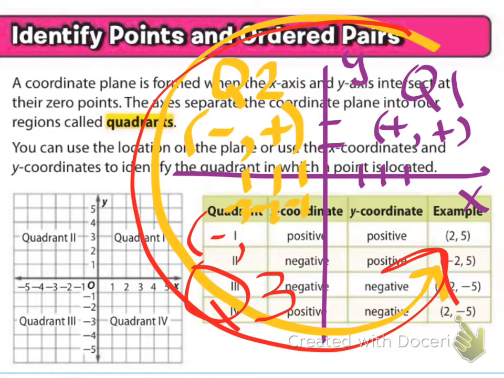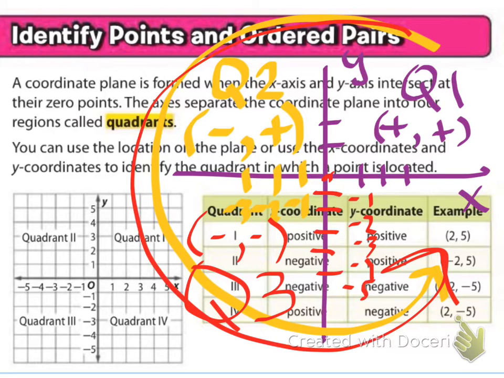And remember, whenever you had temperature and elevation, when you go down the number line, these become negatives. And so in this quadrant right here, we're going to have negative, comma, negative. And I know that these look like winky faces and stuff, don't they? Like owl faces or something.